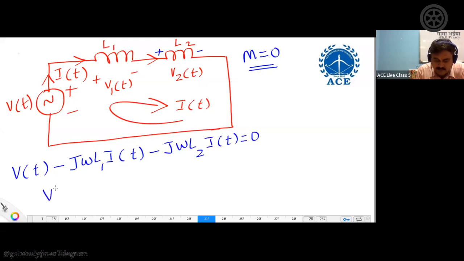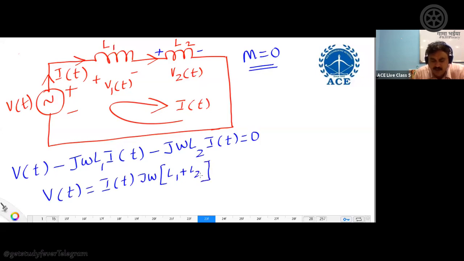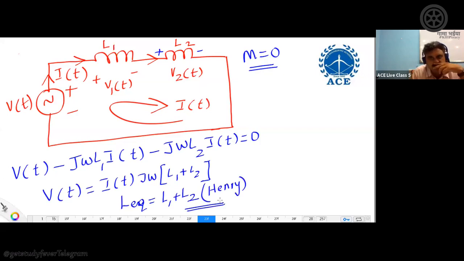So we can write V of t equal to I of t into j omega into (L1 plus L2). So this is like j omega L equivalent into I of t. So what is the L equivalent when inductors are connected in series? It will be L1 plus L2. When there is no mutual flux or mutual inductance, inductors connected in series is just like adding individual values. That's all.